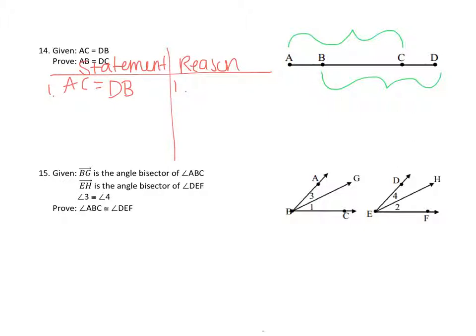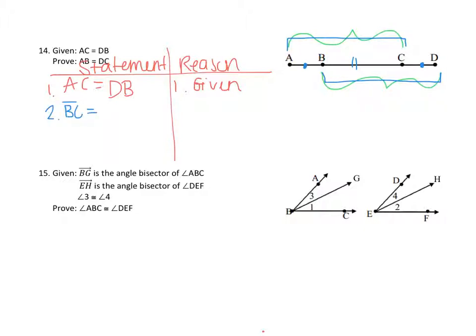So I've got my first statement, first reason being that it's given. My next step is to look at the picture and see how can I get AB, this piece here, congruent to CD. If I'm looking at the picture, I see that I have AC and BD that overlap, they share BC. So I want to state something about BC.